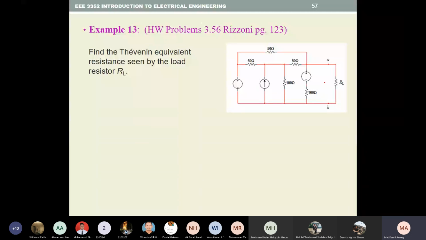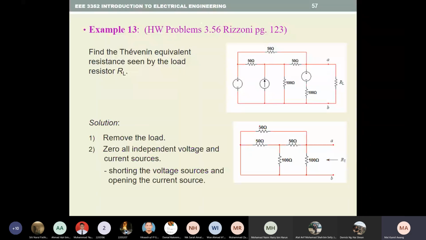How do you treat the current source and voltage source? Same thing as what we use in superposition, you zero the sources. If you want to zero the voltage source, what do you do? Short. If you want to zero the current source, what do you do? Open.